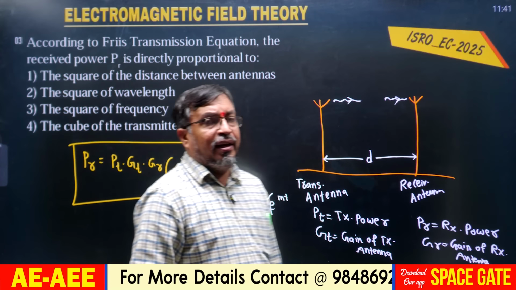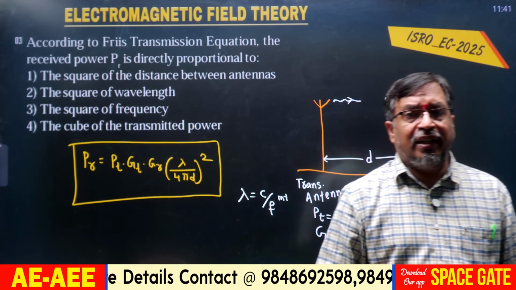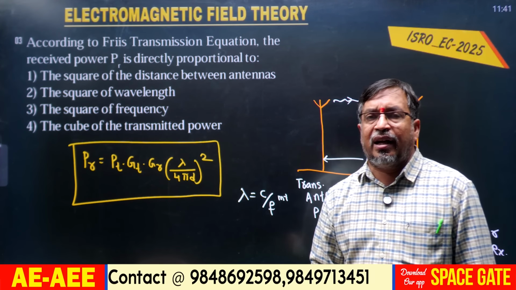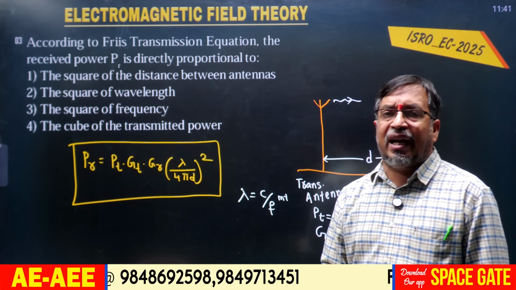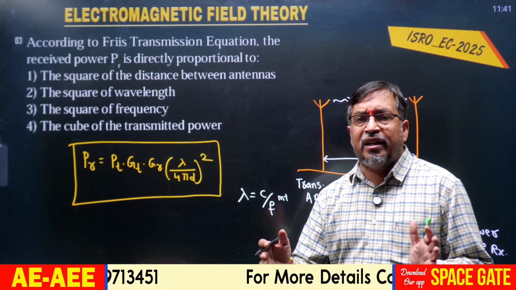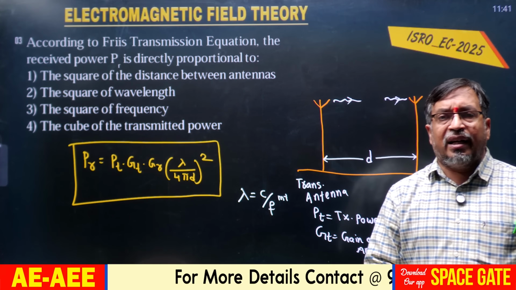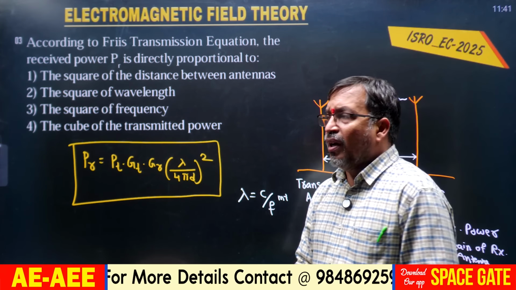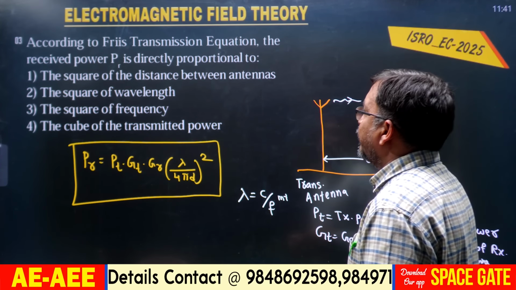Here PT is the transmitted power, GT is the gain of the transmitting antenna, GR is the gain of the receiving antenna, lambda is the wavelength of the signal, and D is the distance between the transmitting and receiving antennas. Now again I am reading the question.